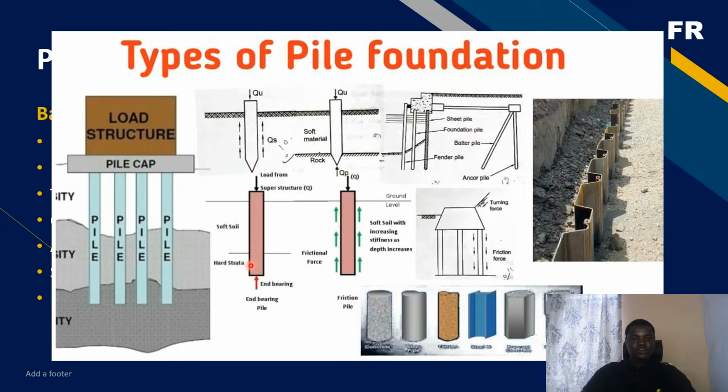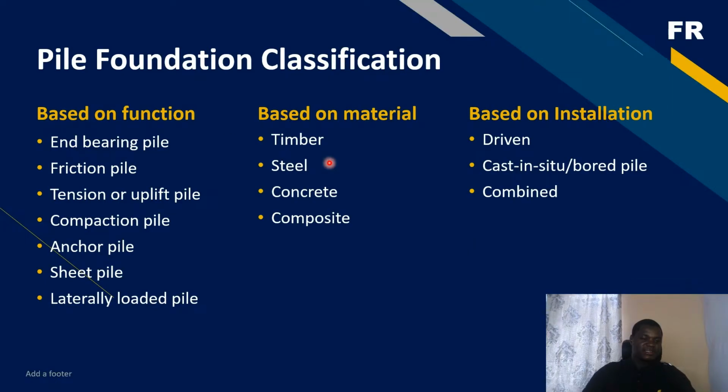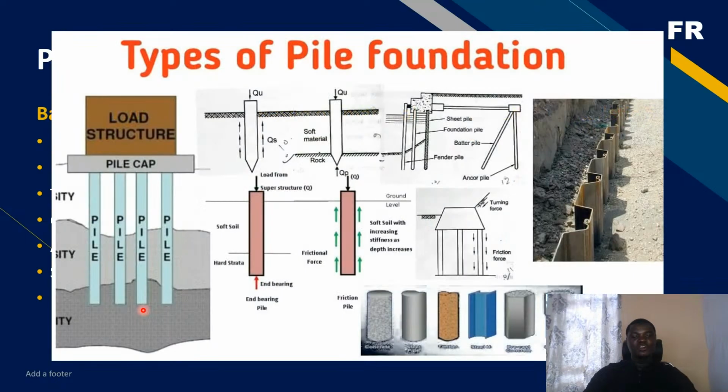Based on the function, you can see that I listed about 8 different types of pile. We have the end bearing pile, friction pile, tension, compaction, anchor, sheet pile, and laterally loaded pile. But the most common ones in practice are the first two, the end bearing pile and the friction pile. This is just based on the mechanism in which they support the load.